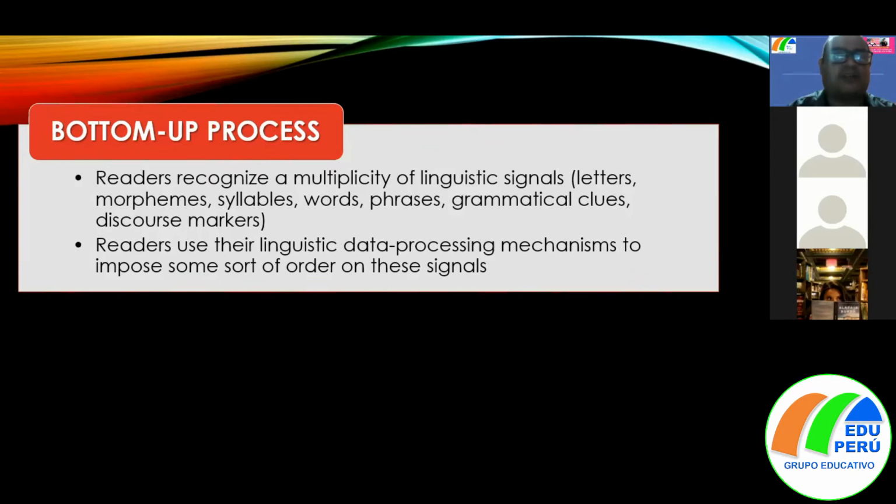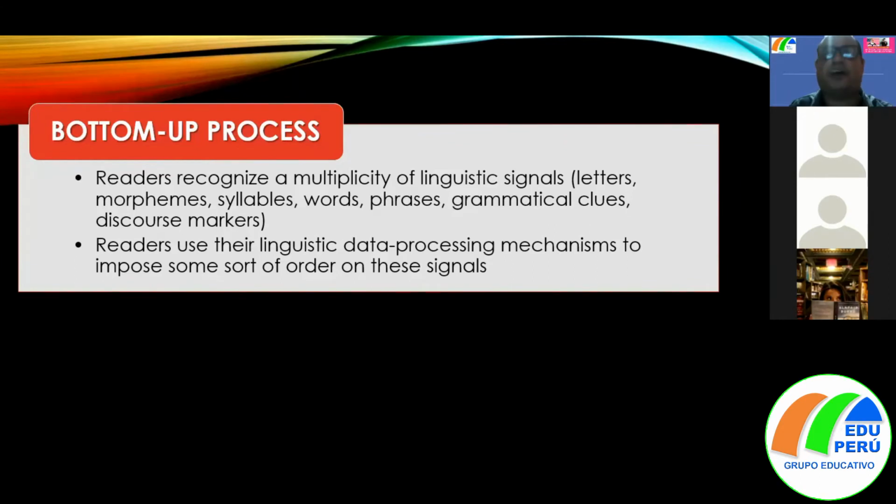And you have some grammatical clues or rules. And in order to join these phrases or sentences, you're going to use some discourse markers. For example, today we're not going to talk about the discourse markers. So in the bottom-up process, we're going to decodify and recognize these linguistic signals. And also the reader uses these linguistic data processing mechanisms to impose some sort of order on these signals. So we're going to give an order using these mechanisms.